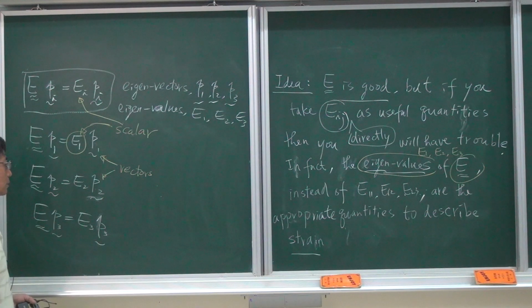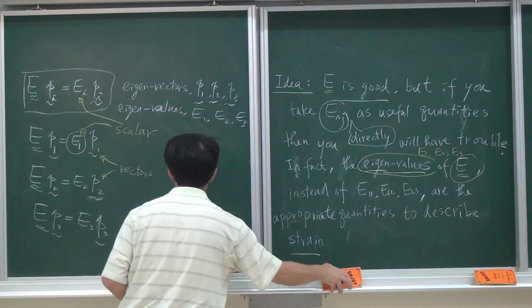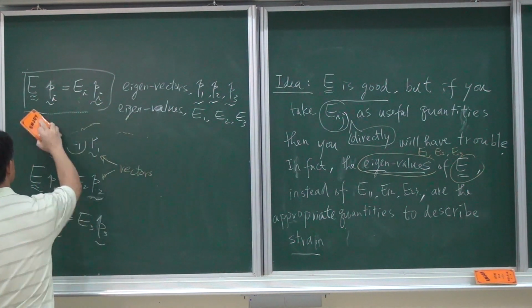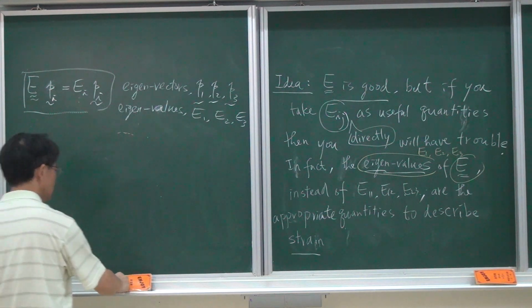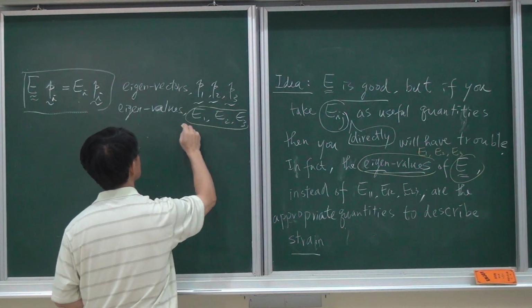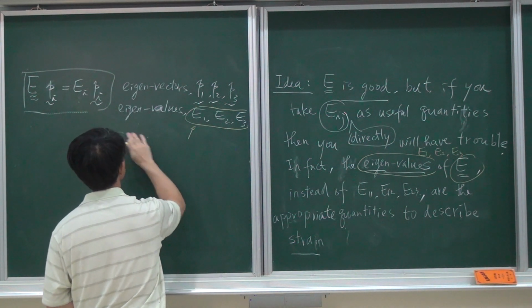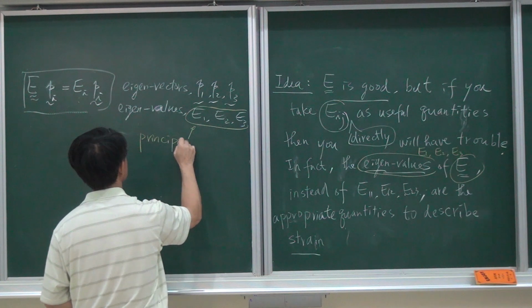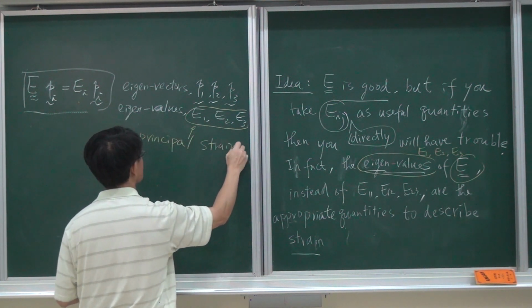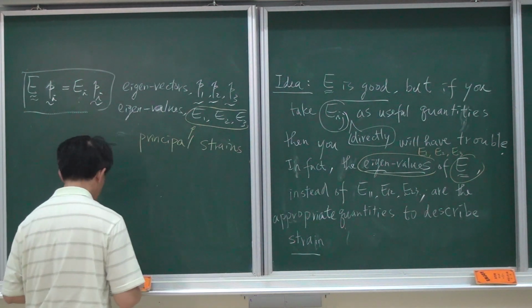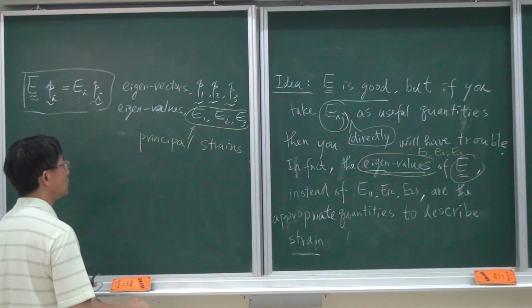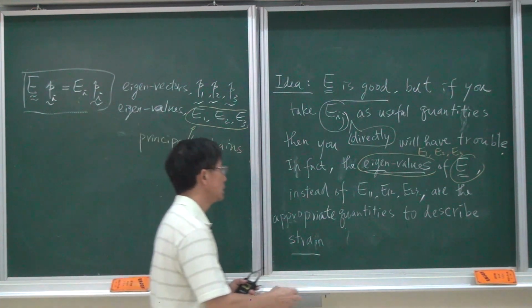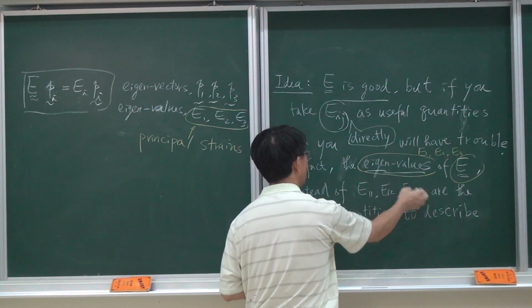Then these eigenvalues can be used as the strains. Principal strains can be used as the strains, and then we don't need to use these components anymore.